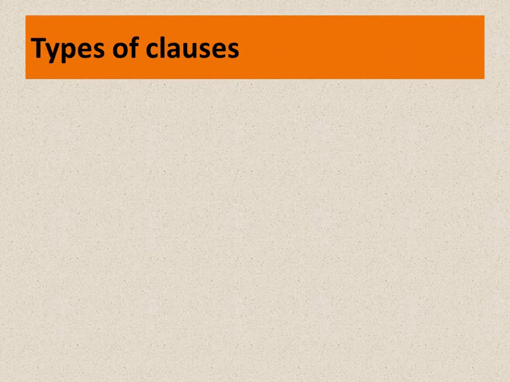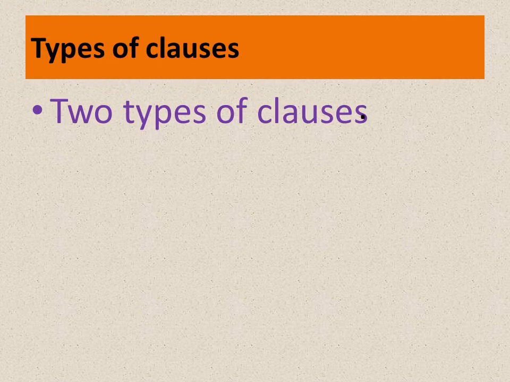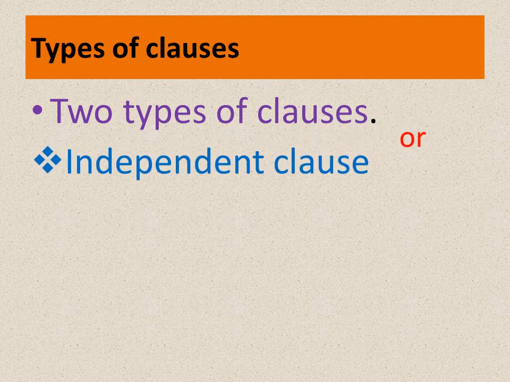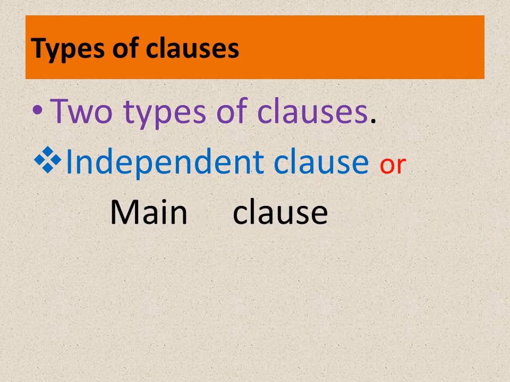Students, we have seen what is a clause. Now we will see types of clauses. There are two types of clauses. The first one is independent clause or main clause.